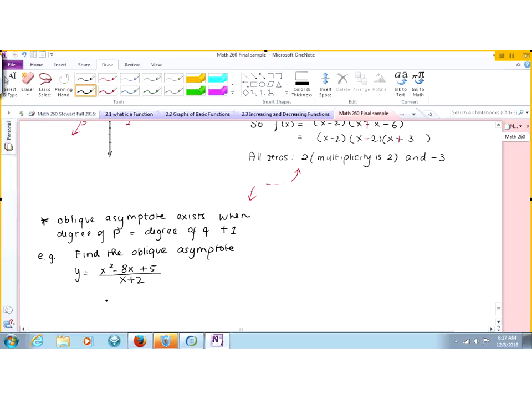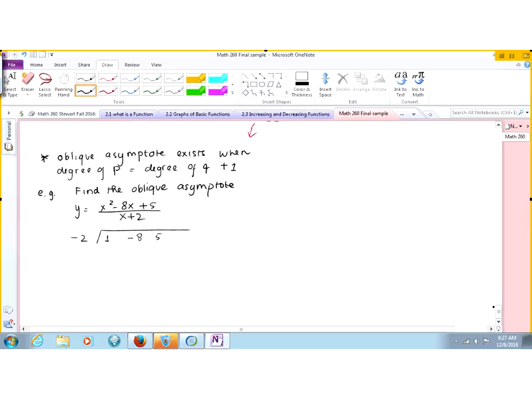So let's use synthetic. 1, negative 8, 5 divided by negative 2. Bring down the 1. 1 times negative 2, negative 2. Negative 8 plus negative 2, negative 10. Negative 10 times negative 2, 20, and then 25. What is the equation of your oblique asymptote? Y equals x minus 10.